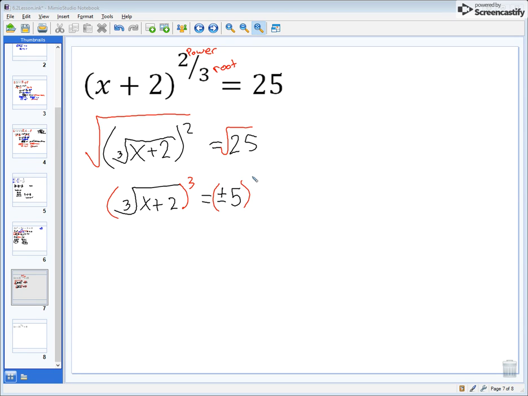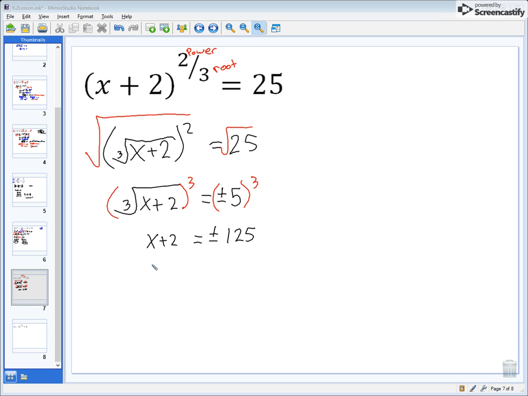So I'm going to raise the right side to the third power as well. On the left side, the third root and the third power cancel each other and I just get x plus 2. On the right side, 5 raised to the third power is 125. So that could have been positive or negative.